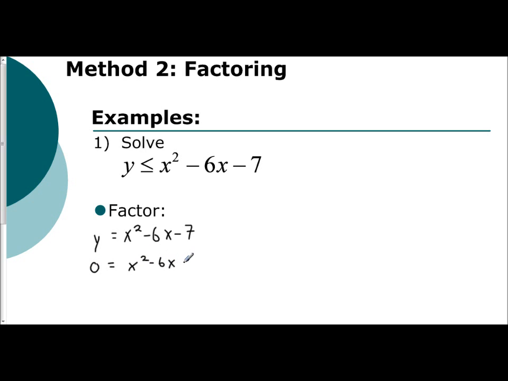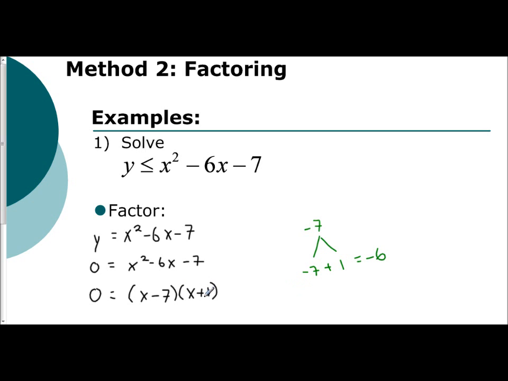So x squared minus 6x minus 7 equals 0. To factor, we need to find numbers that multiply to give you negative 7, but add to give you negative 6. That would be negative 7 and positive 1. And so my factored form is (x minus 7)(x plus 1).